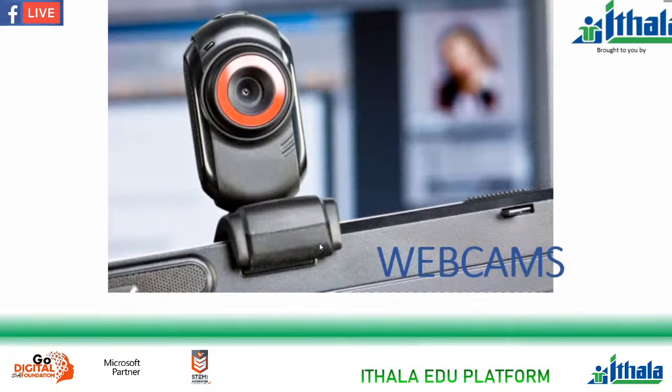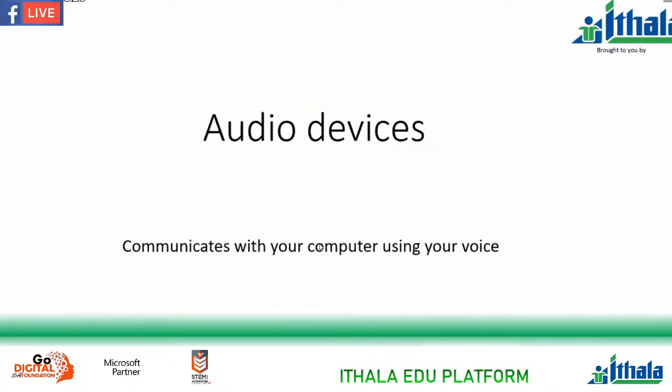Now we are done with our video. Let's go to our audio devices. Again, our audio devices will also help you to input data into your computer. We've got different types of audio devices, but what do audio devices do? They communicate with your computer using your voice.